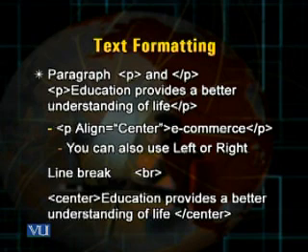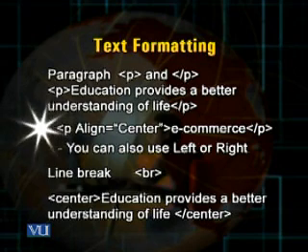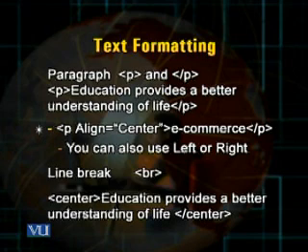In the example, I have enclosed a sentence, education provides a better understanding of life. So this sentence is enclosed in the paragraph tag. The paragraph tag has its attributes. One common attribute, as you can see, is align. So in the starting paragraph tag, after giving a blank space, I write its prescribed attribute, align.